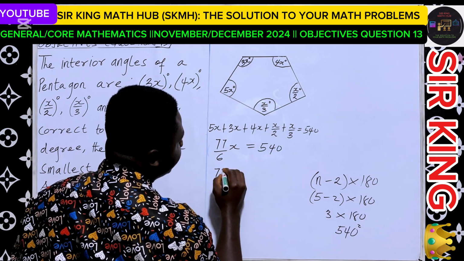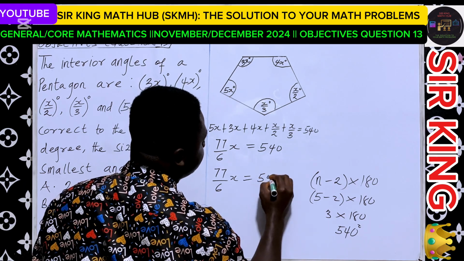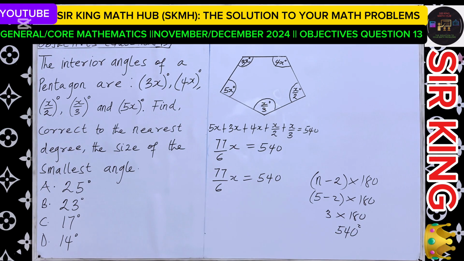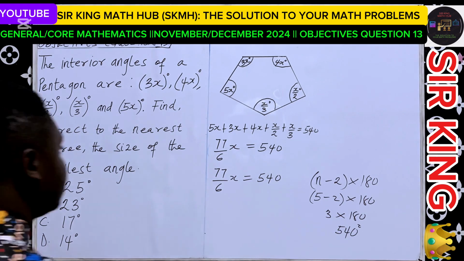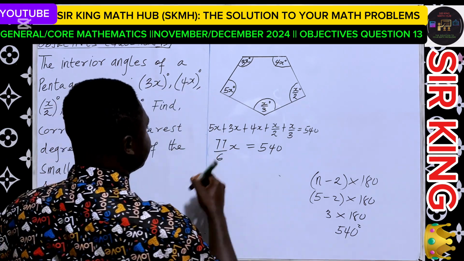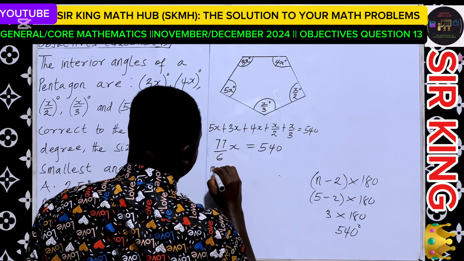So we are looking for x. What do we do? We can multiply each term by the LCM. So the LCM here is 6.